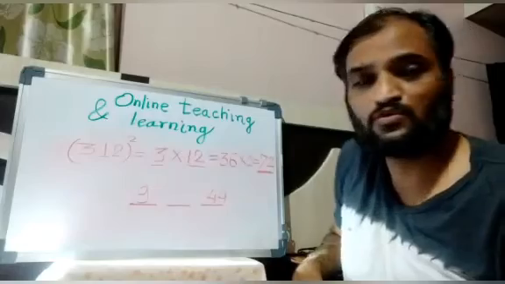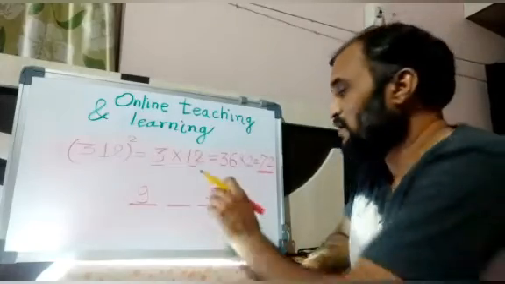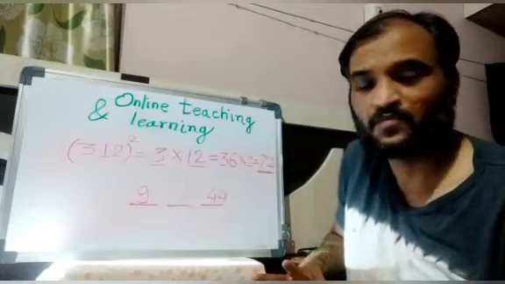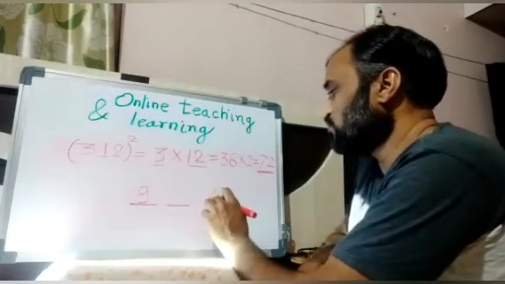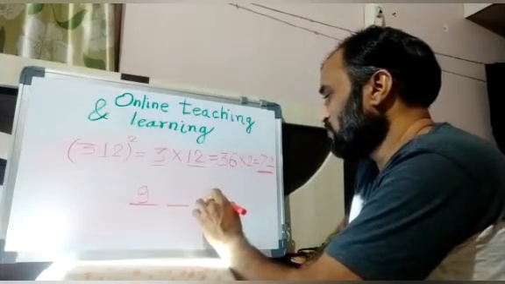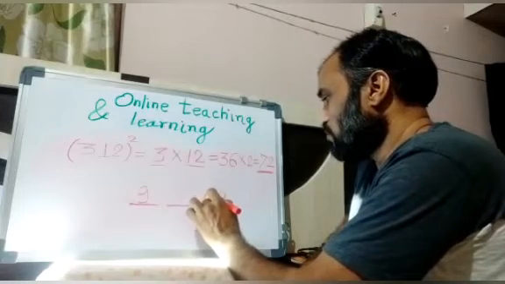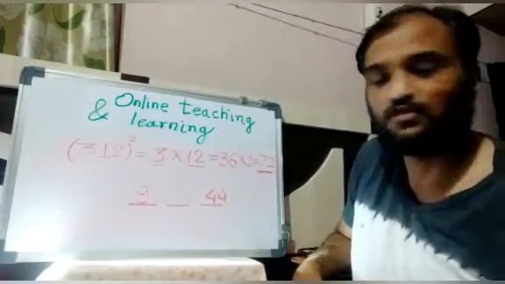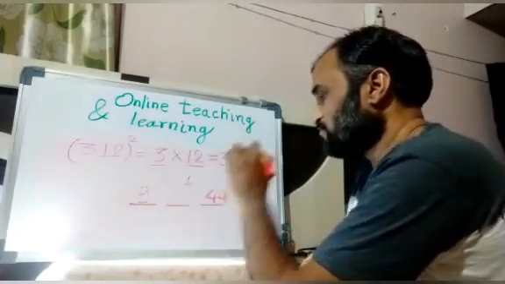So what you have to remember, here we can place only a two-digit number. So the square of 12 is 144. So I write here 44 and the remaining 1 is carried forward.